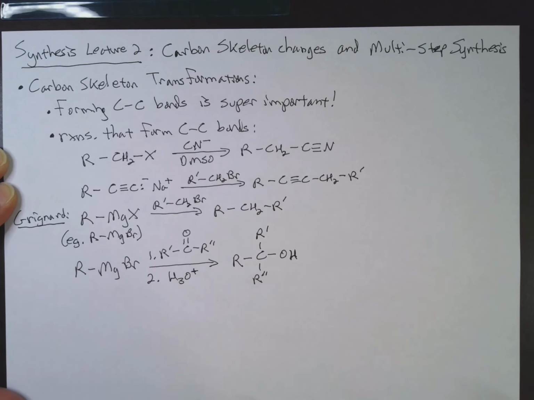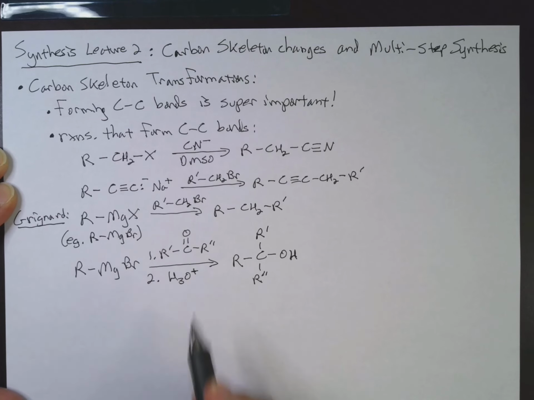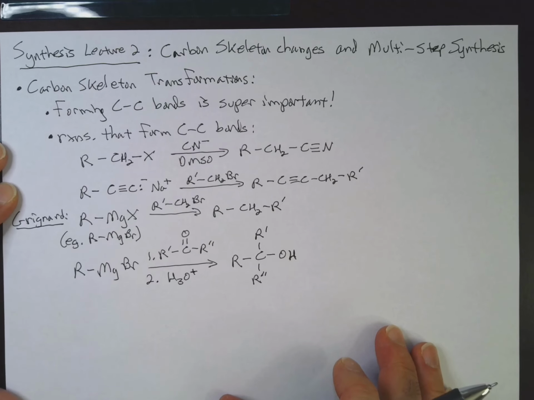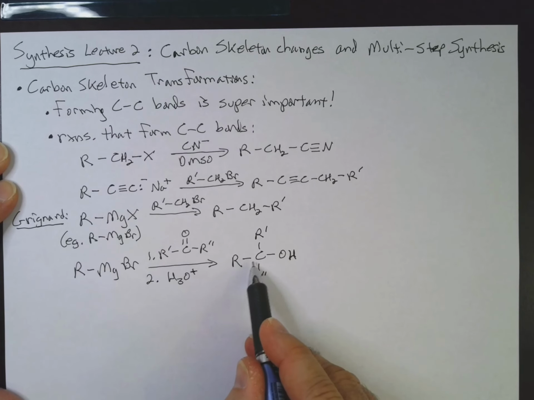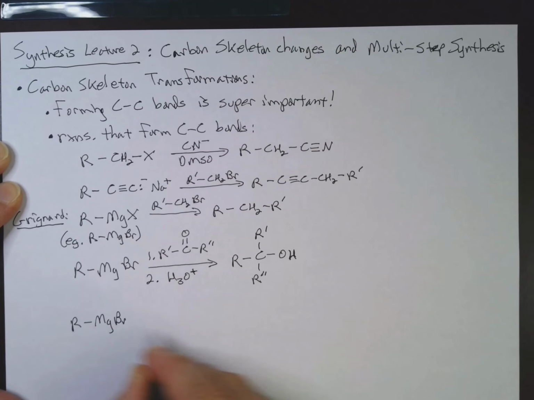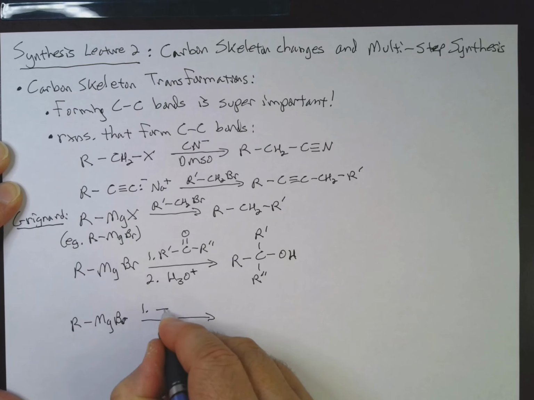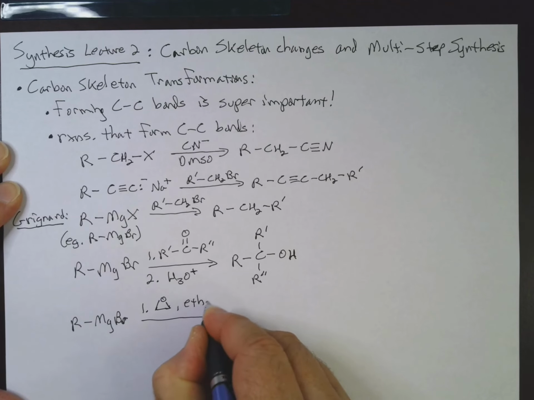Grignard adds here, the MgBr falls off, these electrons go up, we get an O minus, and then the H3O plus in the second step protonates, and we end up with an alcohol. Now, if R prime and R double prime are both hydrogens, we'll make an alcohol that is 1 carbon longer. If we wanted to, we could do our RMgBr and react it with ethylene oxide, in ether.